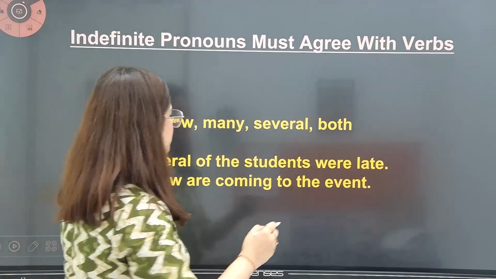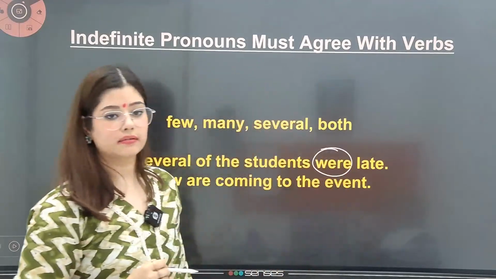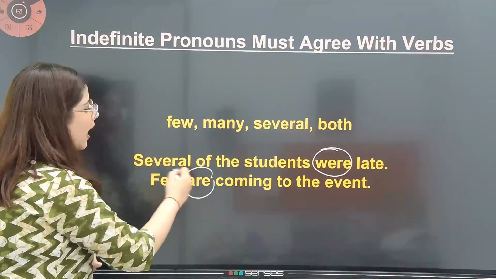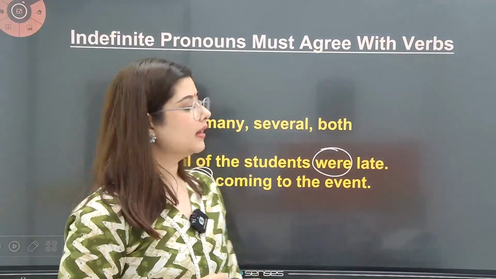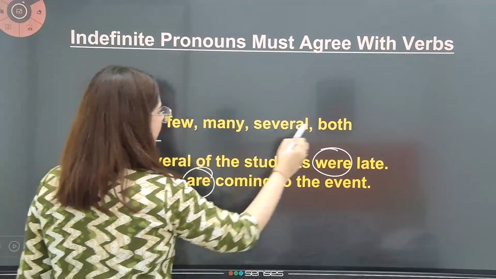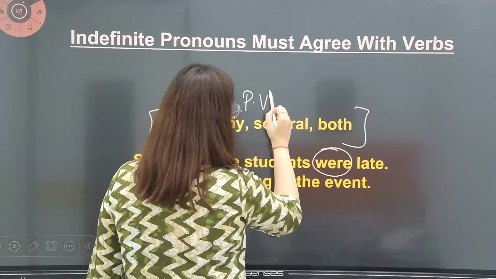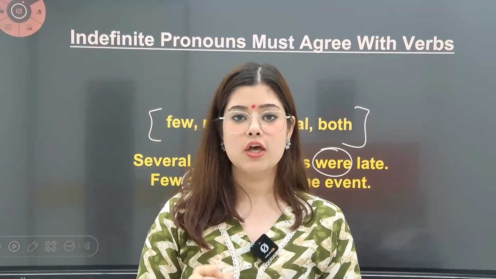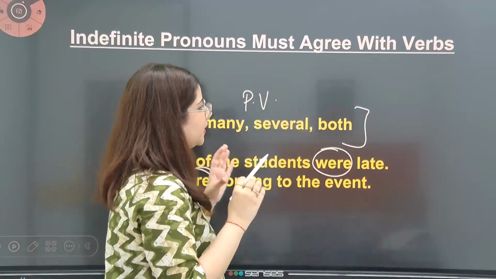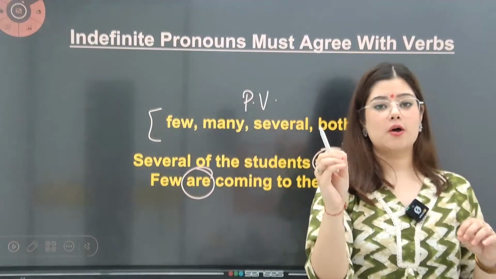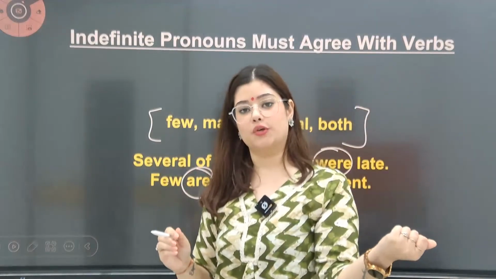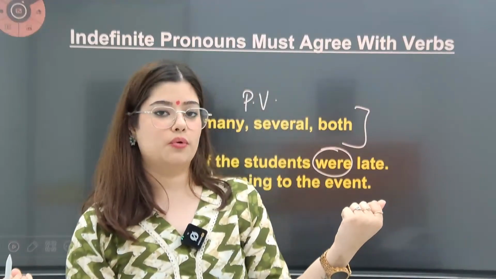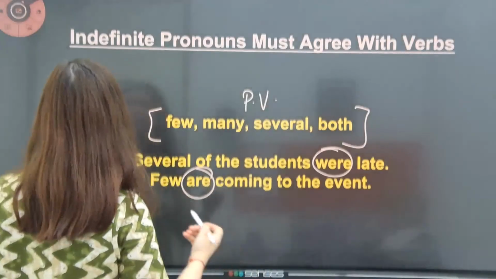Several of the students were late. Few are coming to the event. Now, these indefinite pronouns would take up a plural verb form. Okay, so you need to keep in mind indefinite pronouns that would take up a singular verb form and indefinite pronouns that would take up a plural verb form.